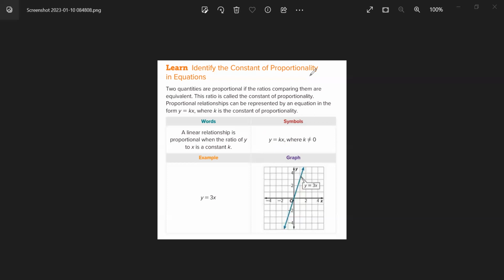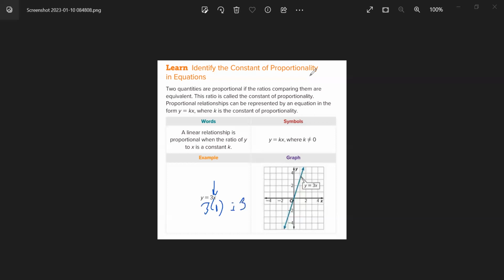And we have an example here. Y equals 3x. What does that mean? That when I have one amount, or my quantity is 1, I will have 3 of that quantity. If this one is 1, 3 times 1 is 3.